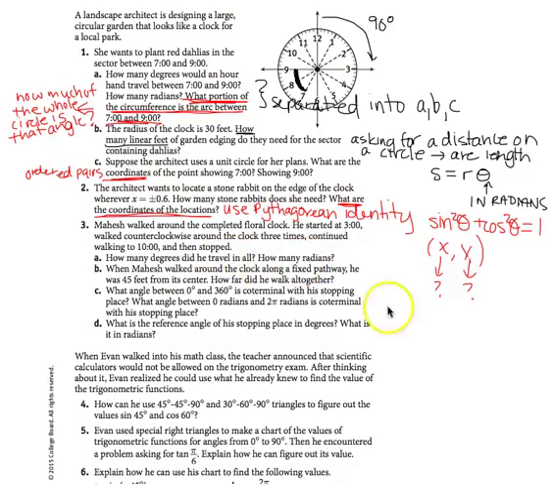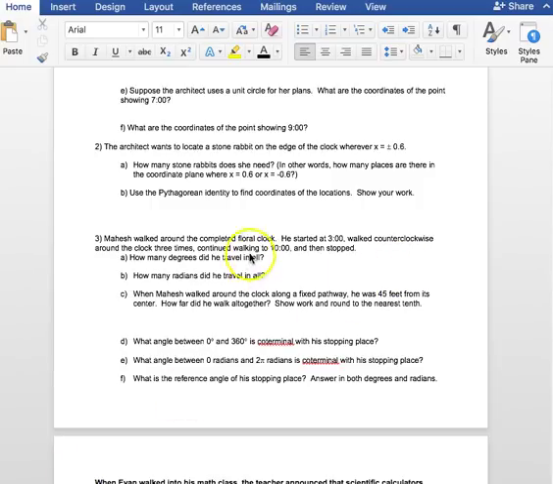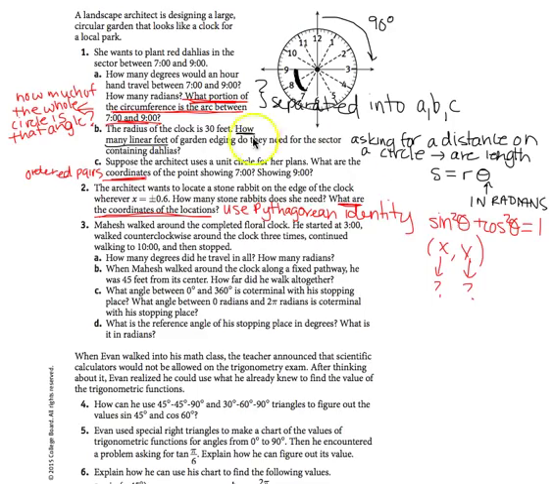Again, on the typed version, those 2 questions are separated so that you don't forget to answer one. The next question says he's 45 feet from the center. That's giving you a radius. It's asking how far he walked, which is a distance.